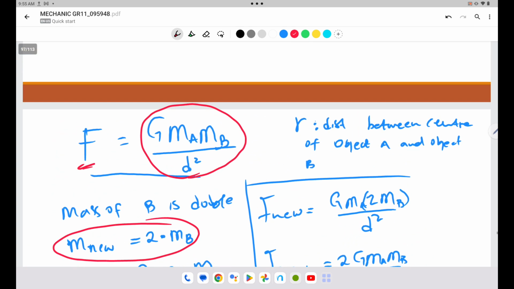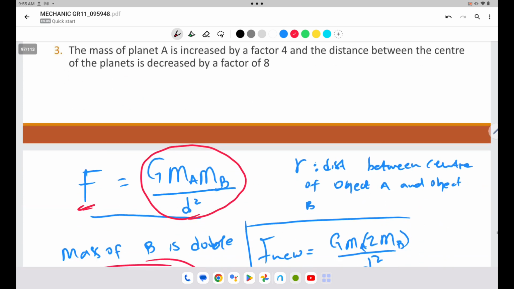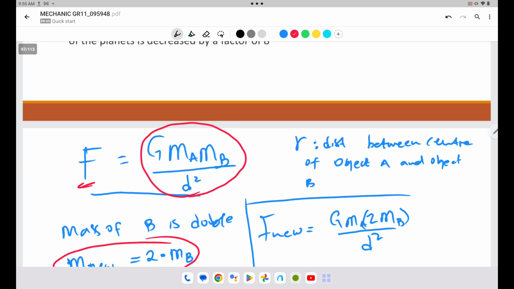So if you double the mass of one of the objects, then the force will also double. It will also increase by a factor of 2.